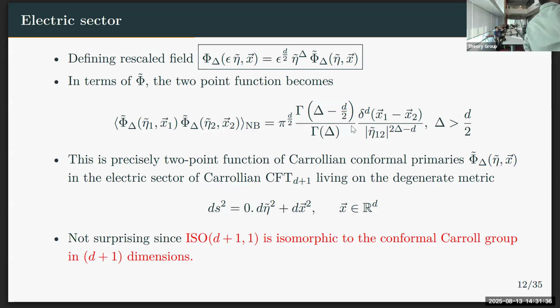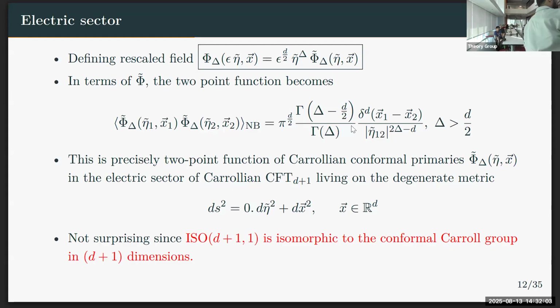Now this is precisely what is known as the two-point function of Carrollian conformal field theories, with phi tilde being the Carrollian conformal primaries. This is the two-point function of the electric sector of Carrollian conformal field theories. These field theories live on a degenerate metric, which I have mentioned before. So this will be the metric here.